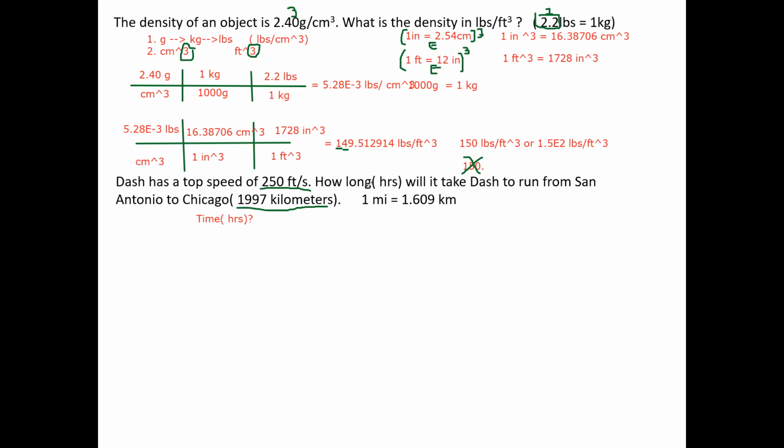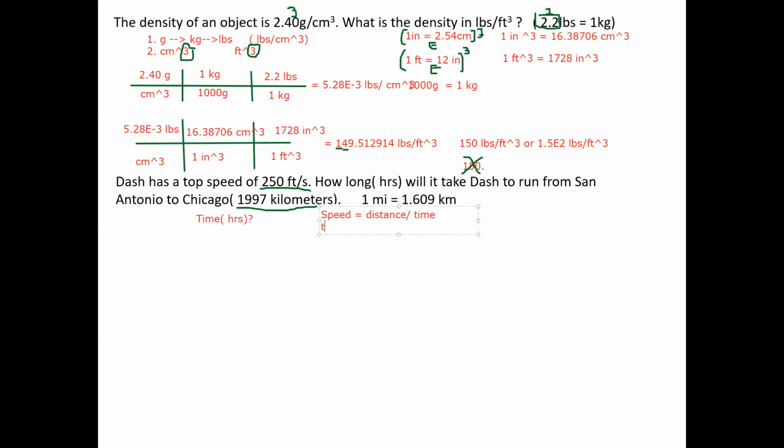So we're looking for the time in hours. We know the distance, we know the velocity, and we know that velocity, or speed, I guess, is not velocity technically, speed is distance divided by time.